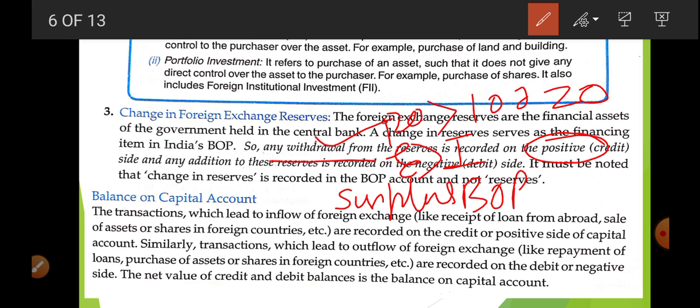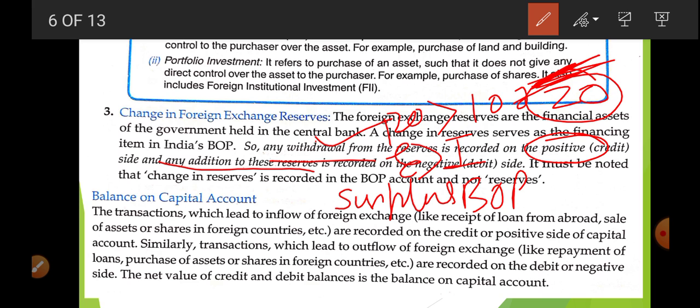So this 20 will be the surplus. Okay, so government is not going to keep it because we have to maintain inflow equal to outflow. The government is going to use it for the purchasing of fixed assets abroad. So in this way there will be withdrawal, so it is recorded on the positive side.